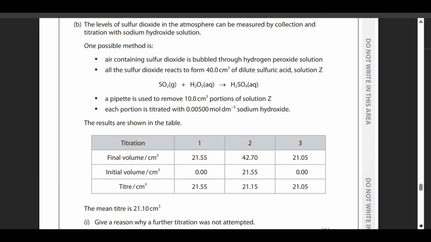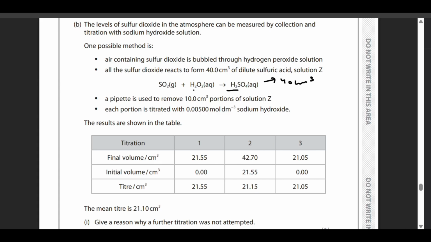Okay, when sulfur dioxide is passed through hydrogen peroxide, it is converted into sulfuric acid, and the volume of sulfuric acid is 40 centimeter cube.